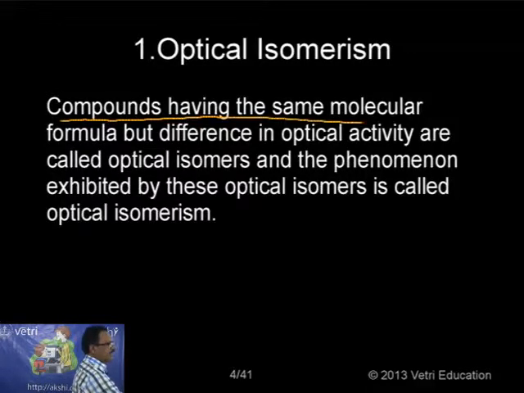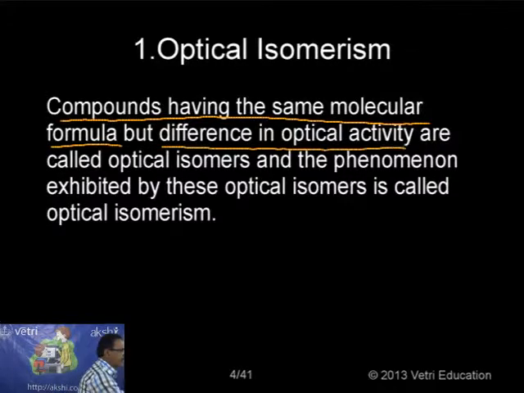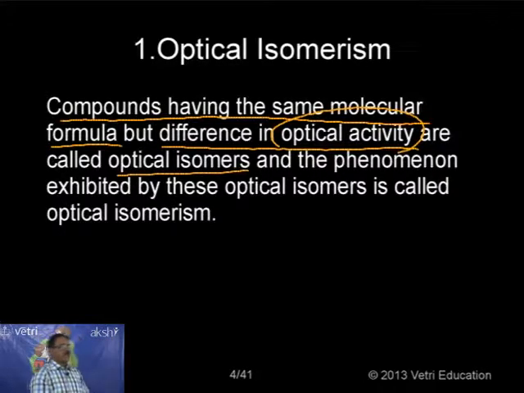Compounds having same molecular formula. You can come across this always in all isomerism; the first sentence always starts with this. Compounds having the same molecular formula but difference in optical activity are called optical isomers, and the phenomenon exhibited by these optical isomers is called optical isomerism.